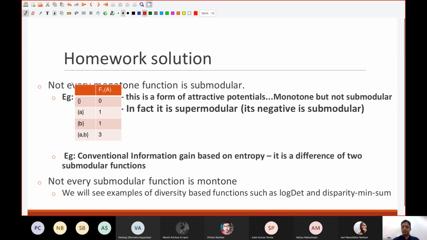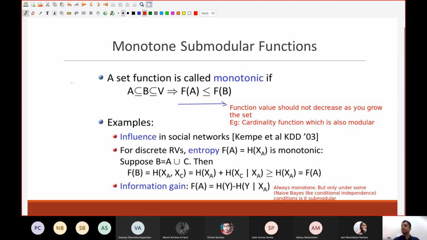So there's a homework problem I had left for you. Anyone thought about it? Are all monotone functions submodular? Not necessarily. Are all submodular functions monotone?